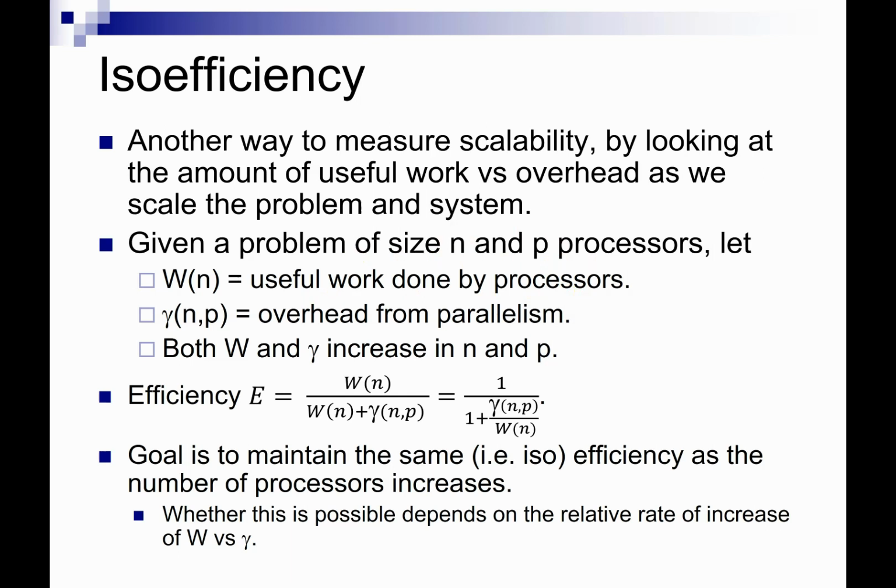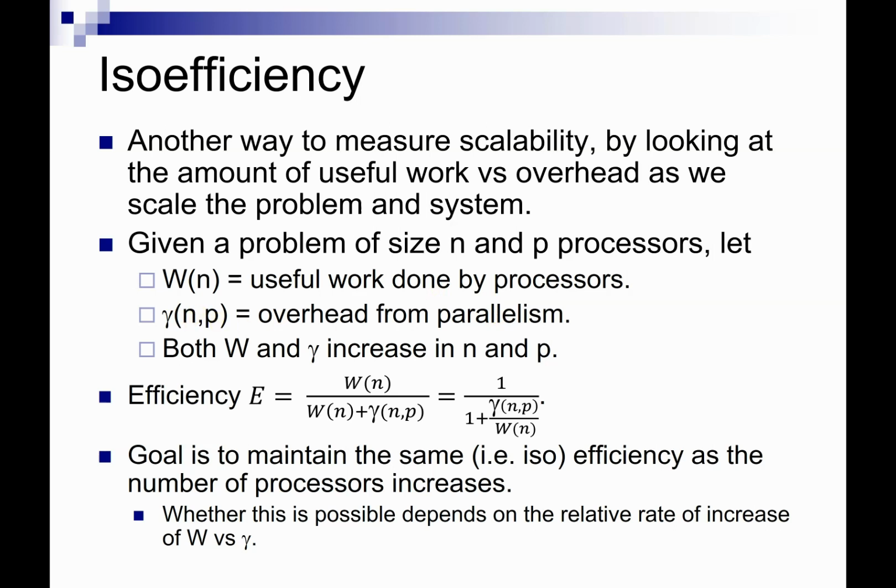The total amount of work done by the program includes both the useful work and the overhead that you're paying from parallelizing. So W(n) is just the useful work. And gamma is the amount of overhead that we're paying from parallelizing, and this gamma is a function of both the problem size and the number of processors.